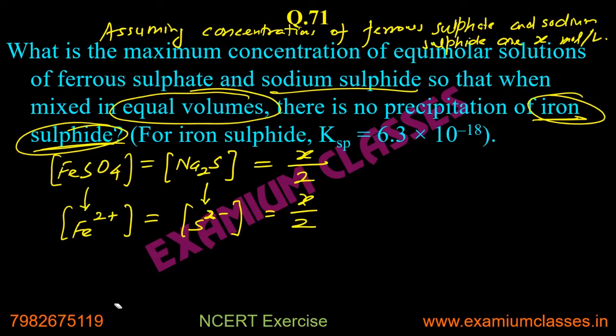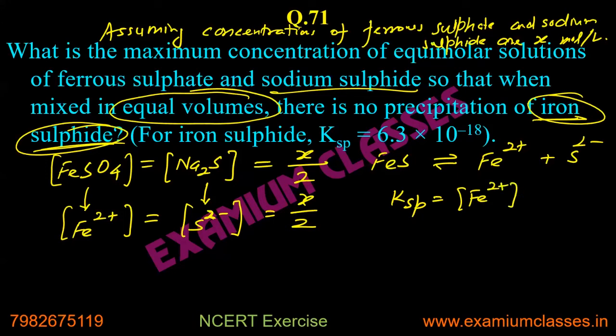From here you got the concentrations of these two. Now Ksp for iron sulfide. Remember, here it is +2, here it is -2, so it is FeS, the valencies are equal. So Ksp for this one is the Fe ion concentration multiplied by the S2- ion concentration.